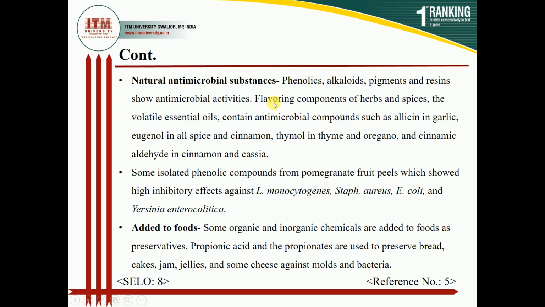So these are natural antimicrobial substances such as phenols, alkaloids, pigments. These all are secondary metabolites. Phenols, alkaloids, pigments, and resins all act as antimicrobials. Apart from this, some flavoring components of herbs and spices and all the volatile essential oils contain antimicrobial compounds.